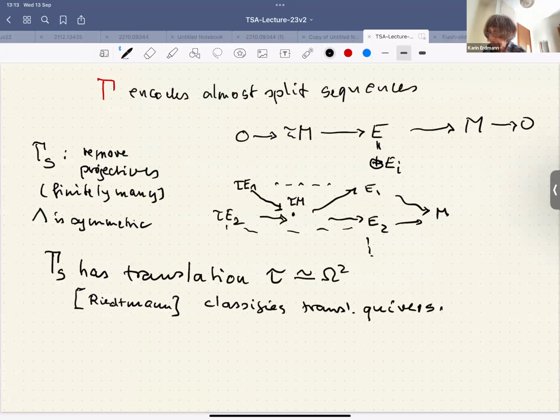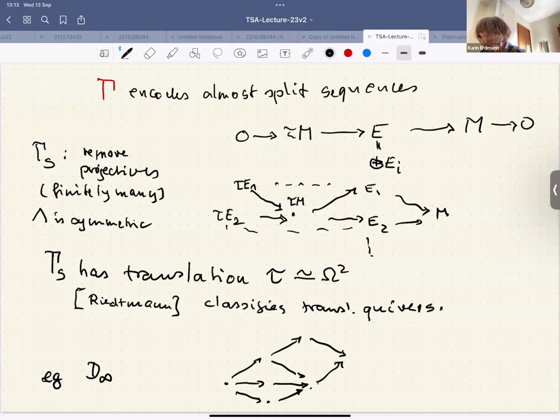And so, for example, D infinity is perhaps interesting because it isn't quite looking like regular like that. So it's something like that. So it goes infinite in all directions.